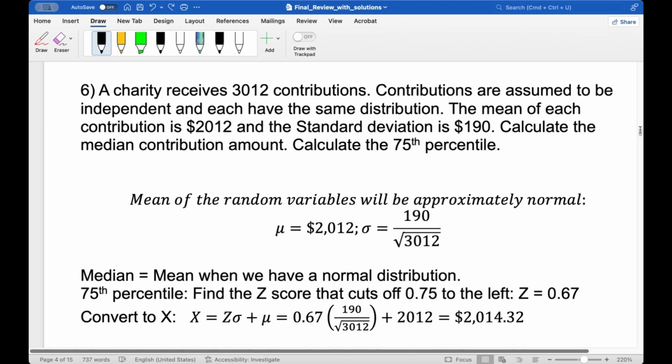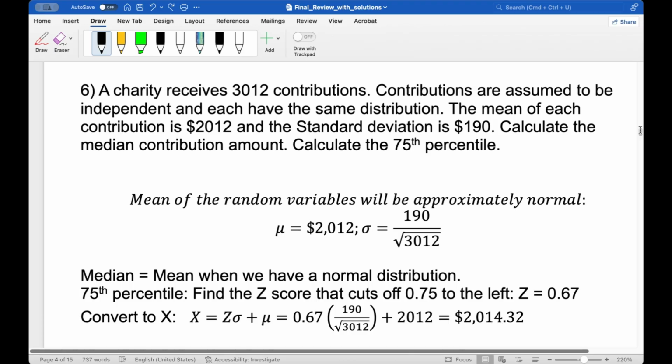So it's 190 divided by root 3012 is the standard deviation. Since we're using a normal distribution, the mean and median happen to be the same, so there's nothing to calculate in that part. It's going to stay 2012.